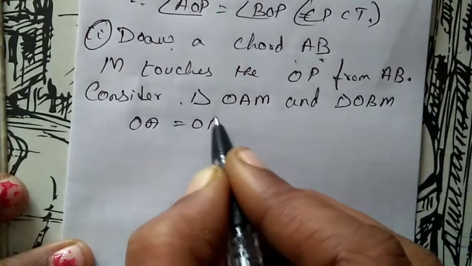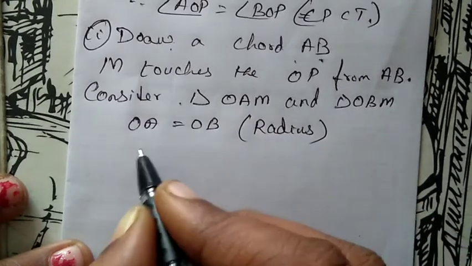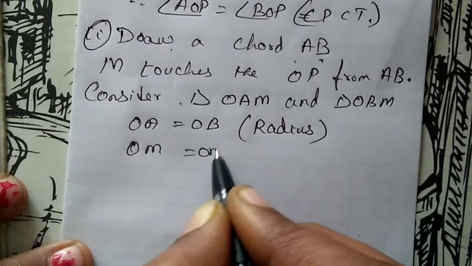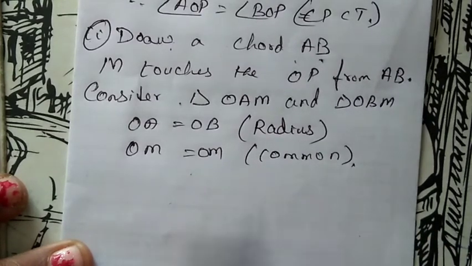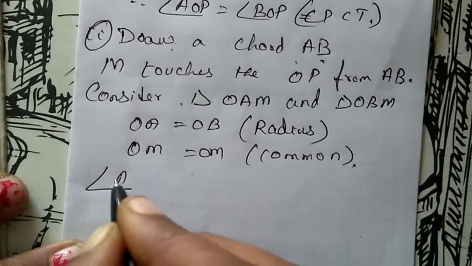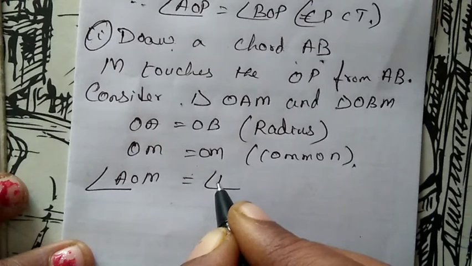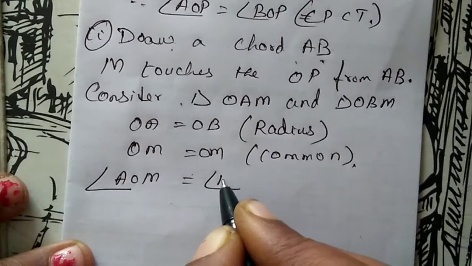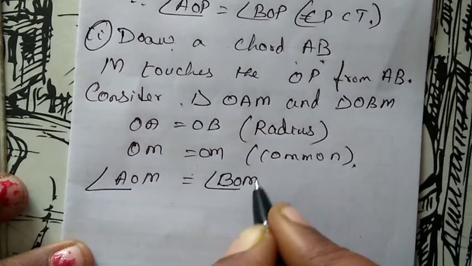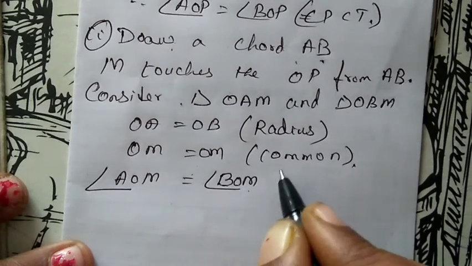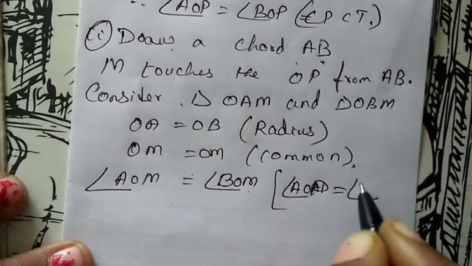OA is equal to OB. What is it? Radius. Also, OM is common to both the triangles. And angle AOM is equal to angle BOM, because this is the same as angle AOP is equal to angle BOP.